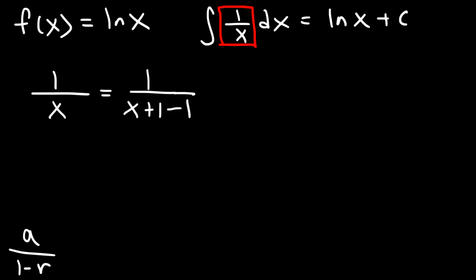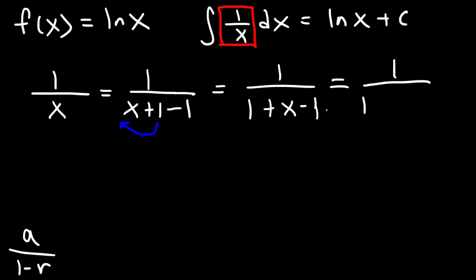Now I'm going to take this 1 and move it to the left side because we need it there. So I have 1 plus x minus 1. Now we need to change the positive sign to a negative sign. To do that, we're going to factor out negative 1 from x minus 1.